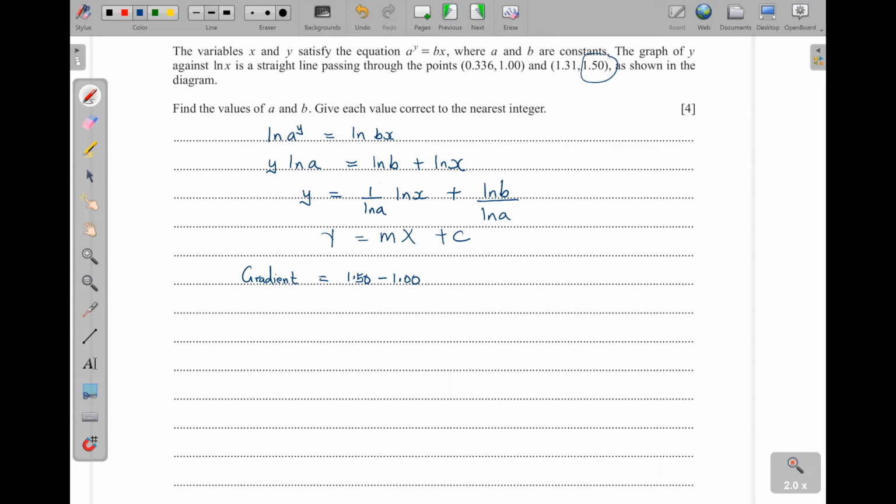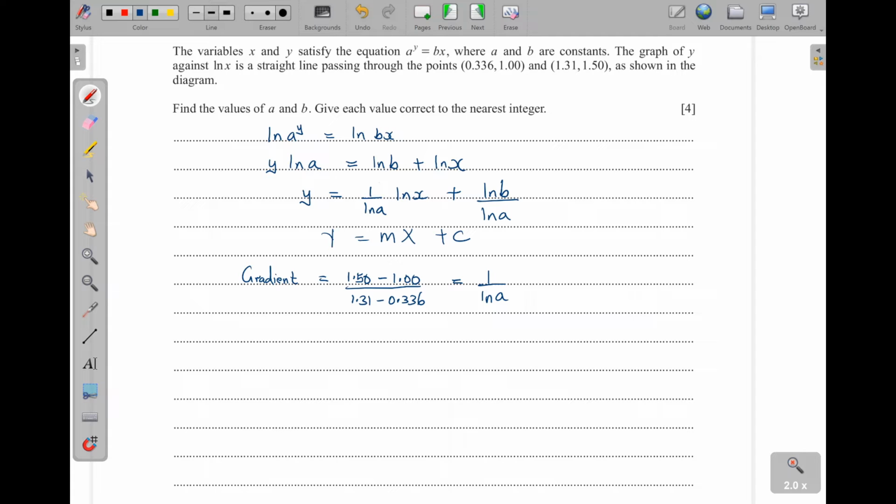So you get this minus this, then over this minus that. Okay. So we have divide by 1.31, then subtract 0.336. And then this one has to be equal to 1 over the natural log of a.